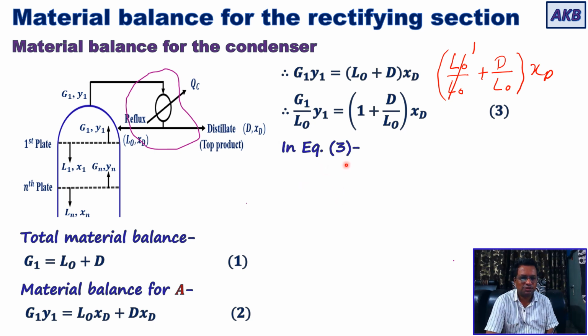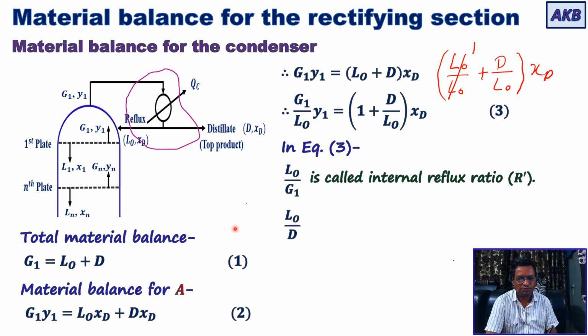Now in equation 3, you have this ratio L0 upon G1. This ratio is said to be the internal reflux ratio, and let us denote it by R dash.